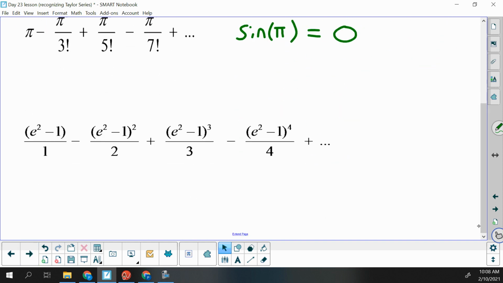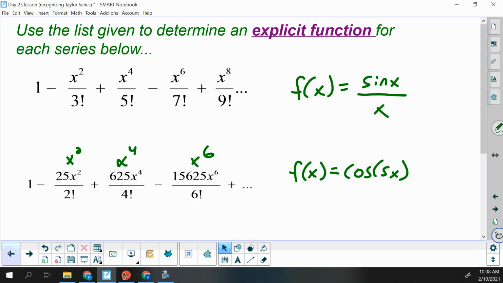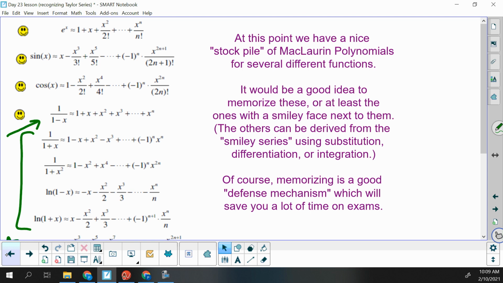And our last one for today, we've got all the numbers. They're not factorials though. And you've got alternating signs. The powers on top match the numbers on the bottom. So we want to look for one that has alternating signs, all the numbers on the bottom, and the matching powers. So that's here with natural log of 1 plus x.